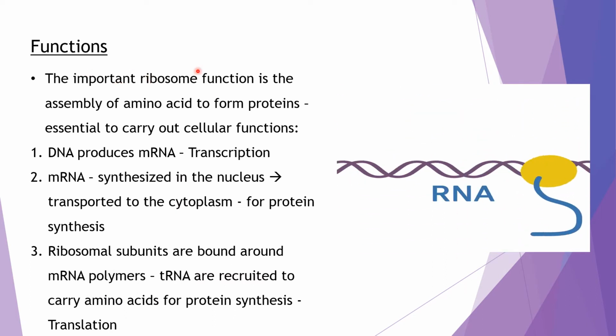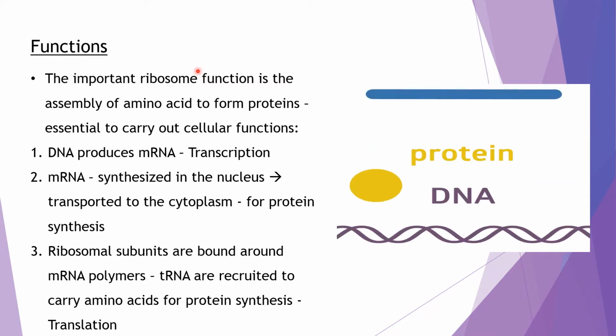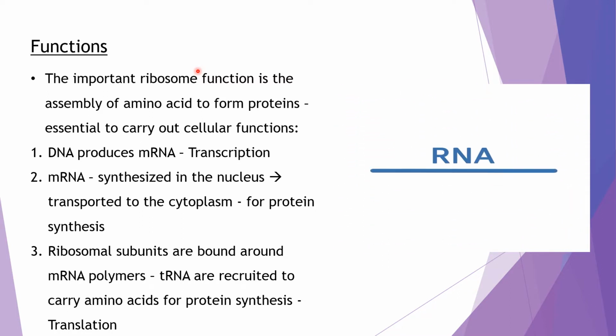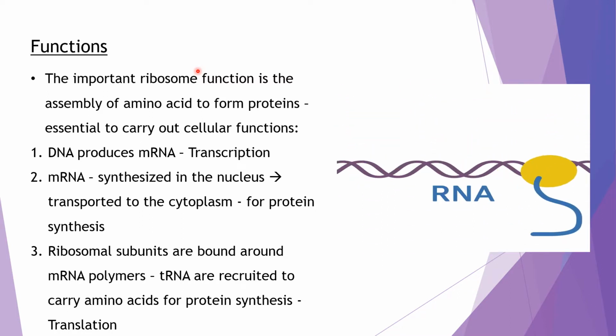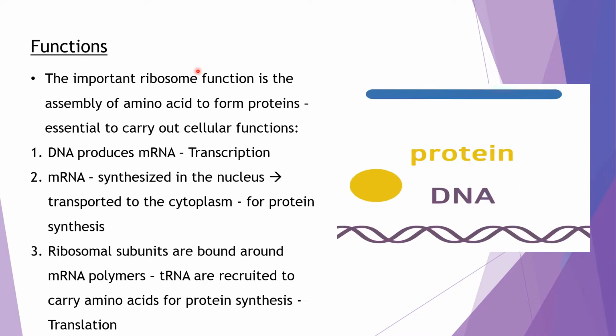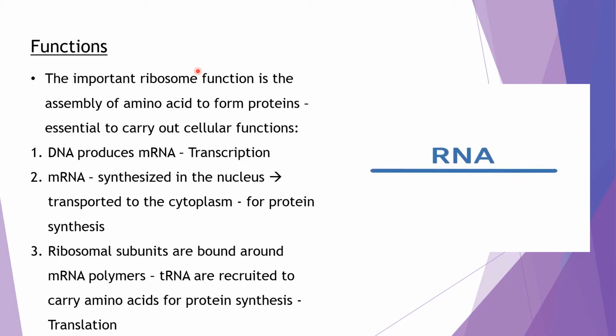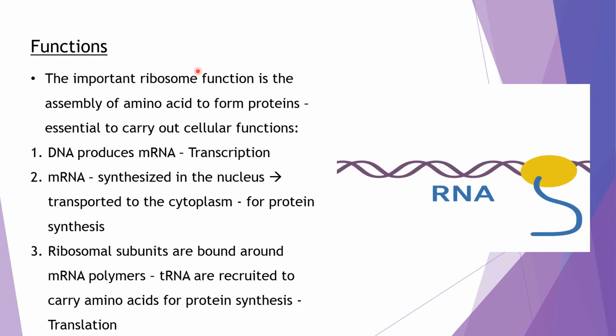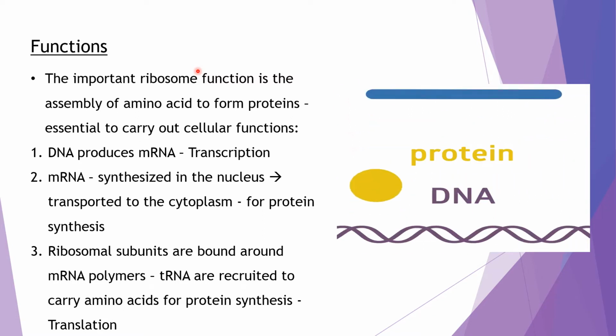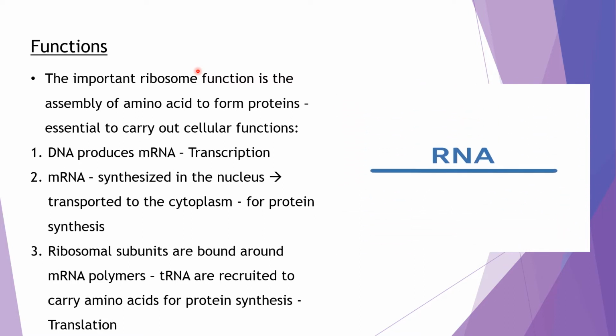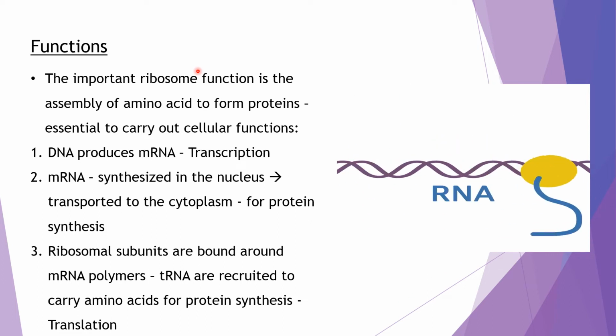Next, talking about the functions of ribosomes, there is only one important function that is carried out by a ribosome, and that is the assembly of amino acids to form proteins. And this is a very essential process to carry out cellular functions.